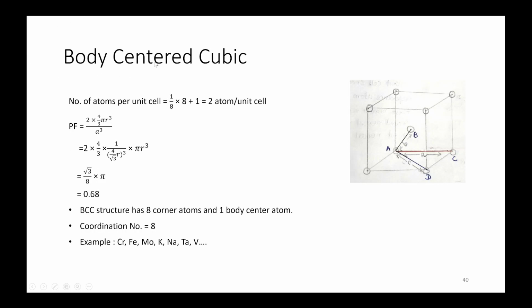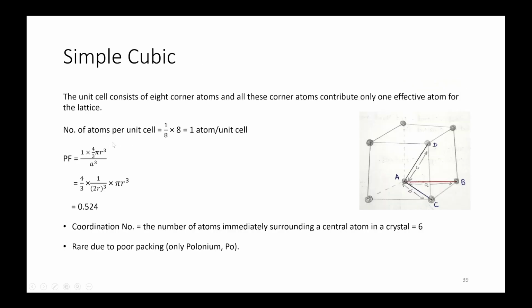Now the other crystal structure is body centered cubic. In this case, the number of atoms per unit cell is 2. At the body center there will be one atom that won't be shared with other cubes. So it will have 2 atoms per unit cell. When you are calculating, you will be multiplying this by 2, and for the relation of R and a, in the previous case you had a equal to 2R.